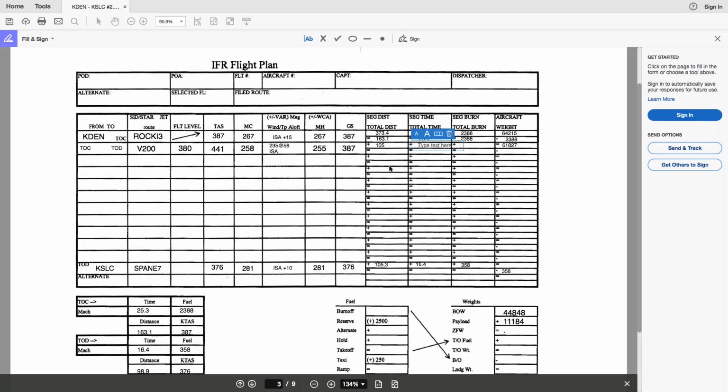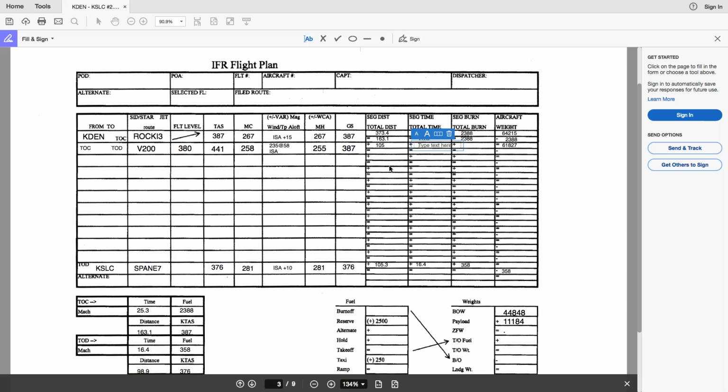Remember our time, rate, and distance equation? Distance equals rate times time. So our distance is 105, our rate is 387 knots is what I got, and we don't know our time. So our time is our variable. We have to divide this by 387, and that gives us our time.